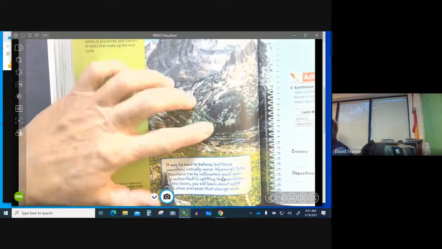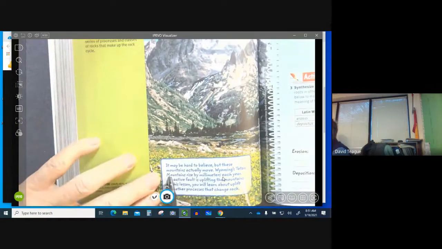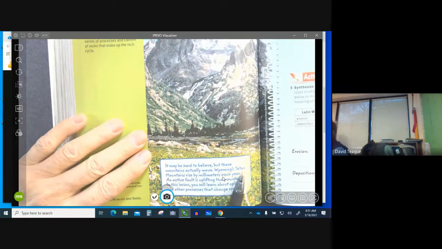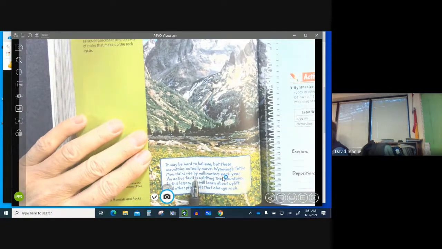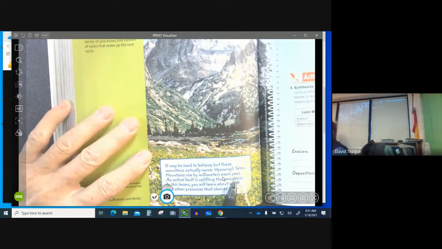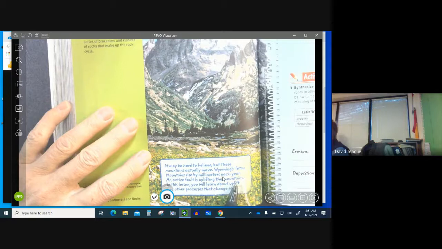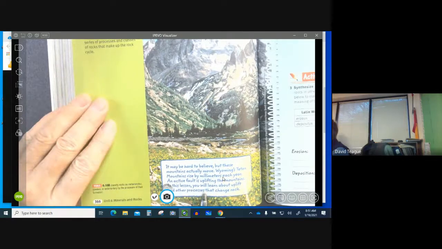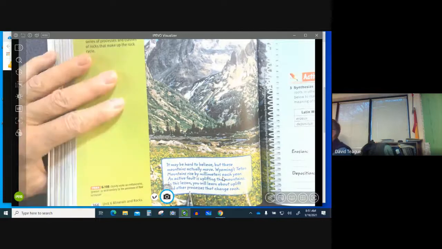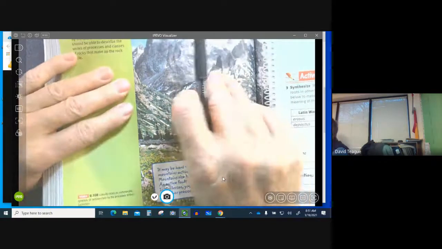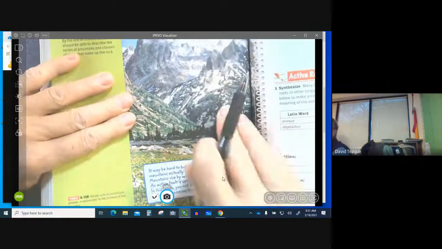It may be hard to believe, but these mountains actually move. Wyoming's Teton Mountains rise by millimeters each year. An active fault is uplifting the mountains. In this lesson, you will learn about uplift and other processes that change rock. So it may look like a mountain is not moving, but really it is. And we're going to learn about that.